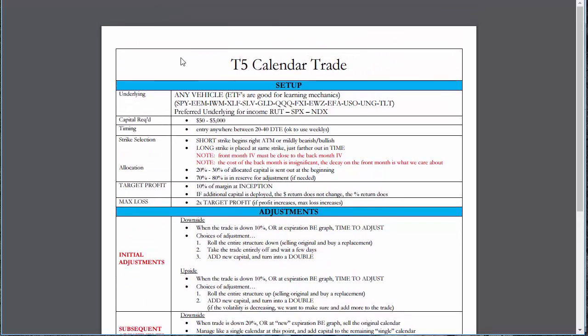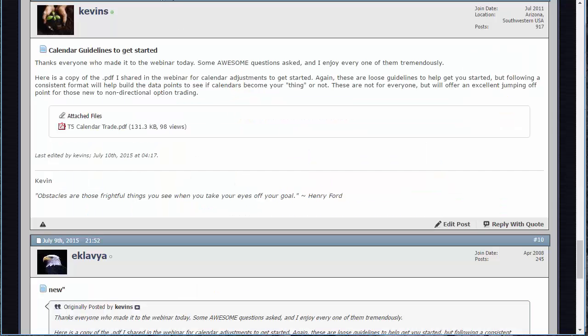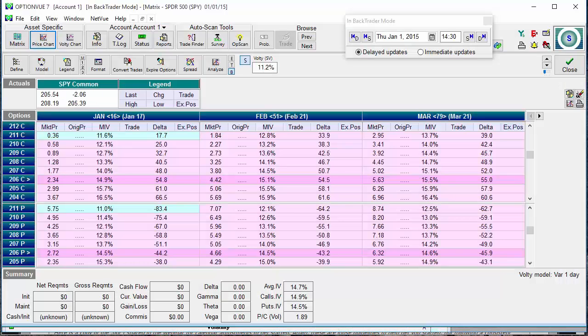And the reason why I do that, and again, this is just very individualized. I know just through my experience and the way I have traded calendars, if you manage them accordingly, they will win more than 50% of the time. They will.